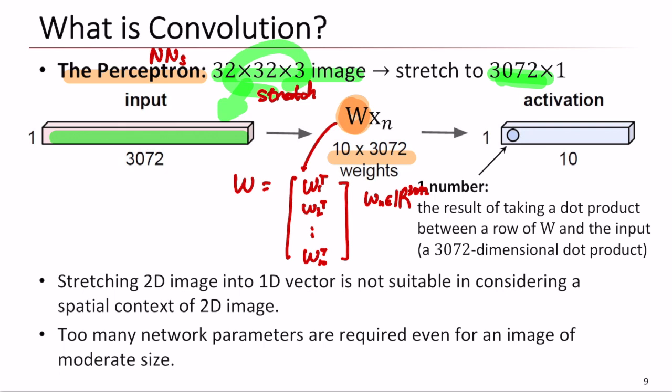Anyway, this is the W, the learnable parameter. If our output is 10 by 1, I mean we want to generate 10 hidden nodes, then your learnable parameter is going to be 10 by 3072.